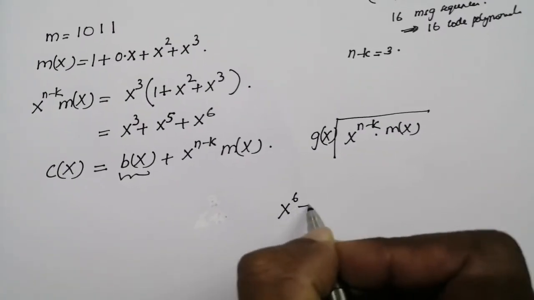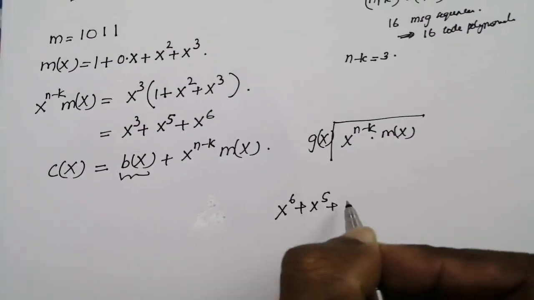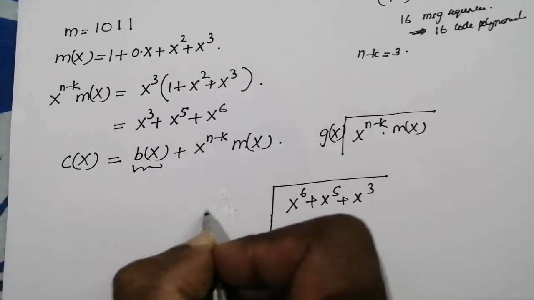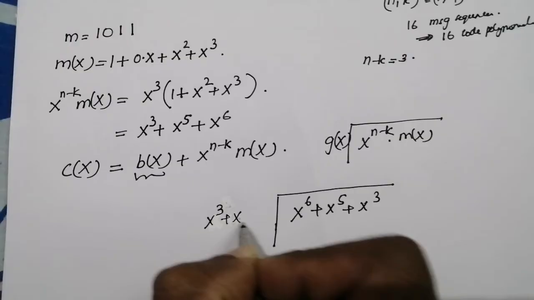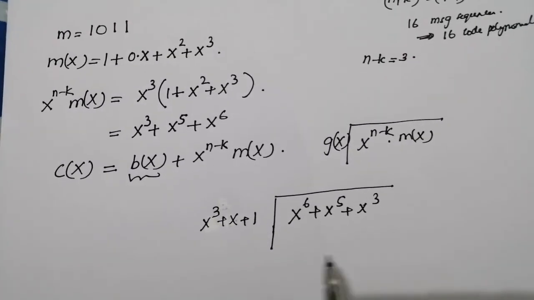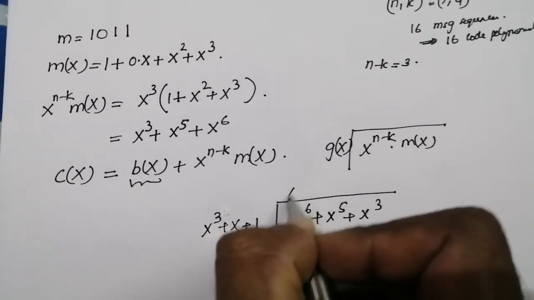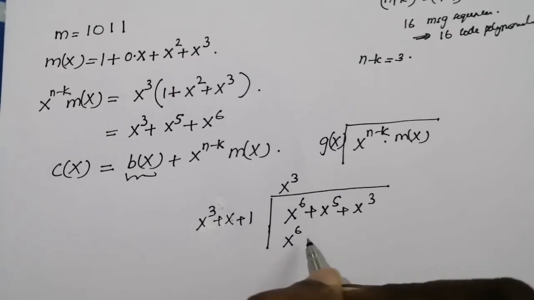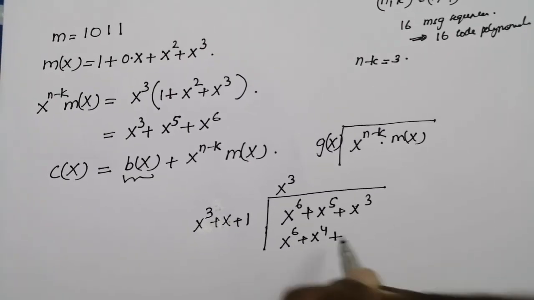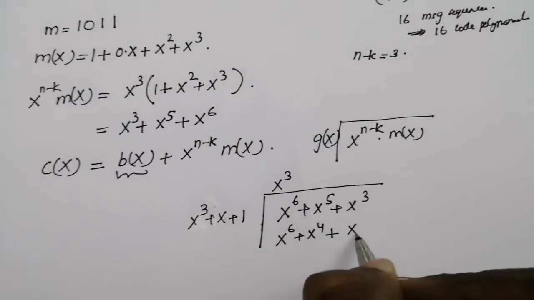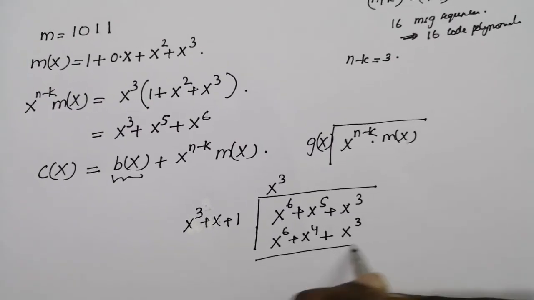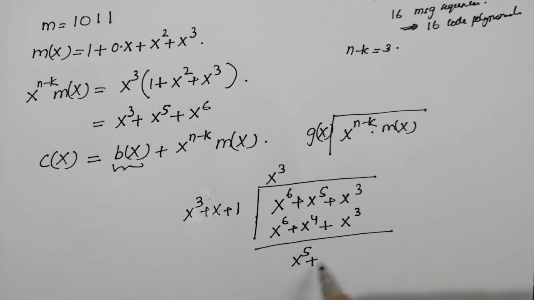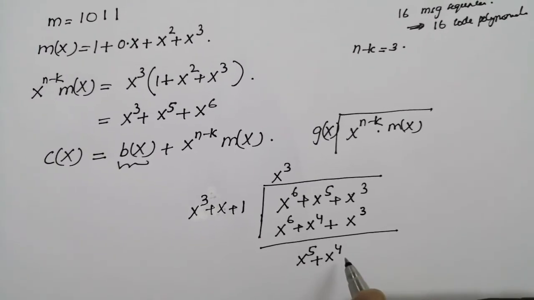That is, x raised to 6 plus x raised to 5 plus x cube is divided by x cube plus x plus 1. If you multiply the divisor by x cube, you will get x raised to 6 plus x raised to 4 plus x cube. So you will get x raised to 5 plus x raised to 4, that's all.